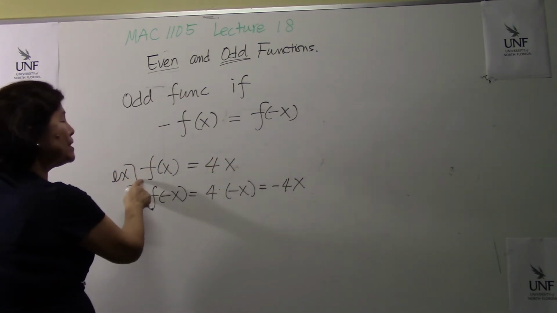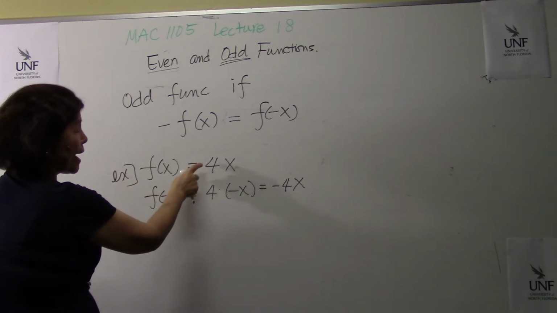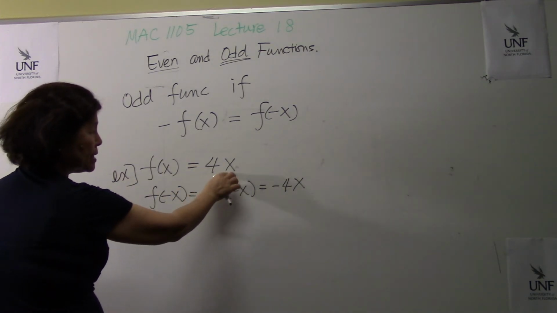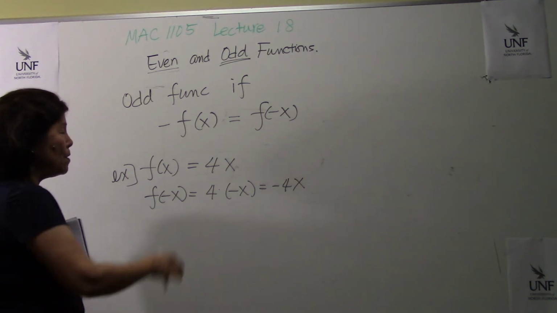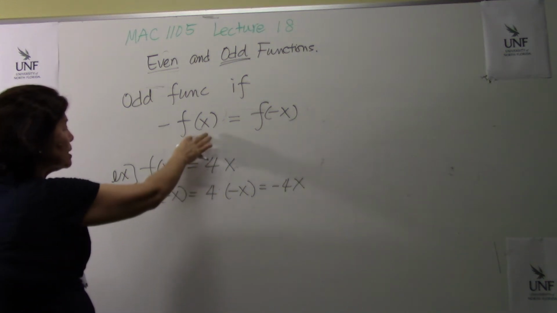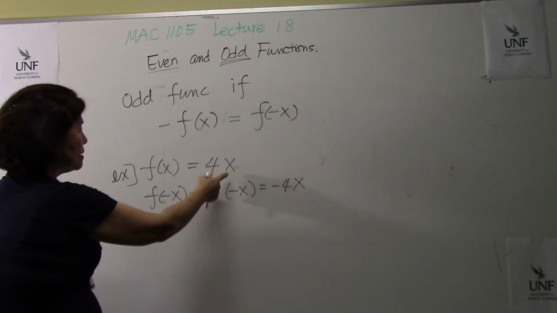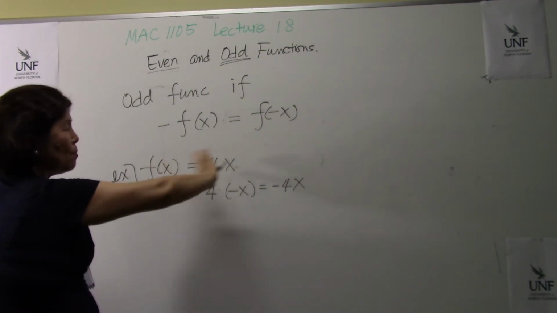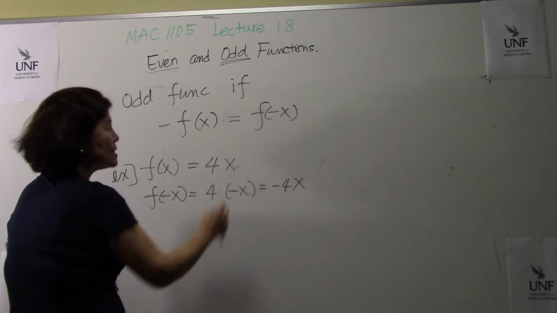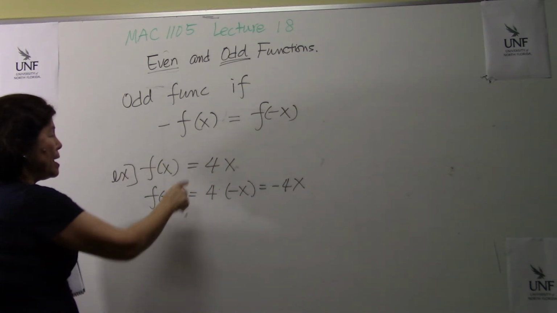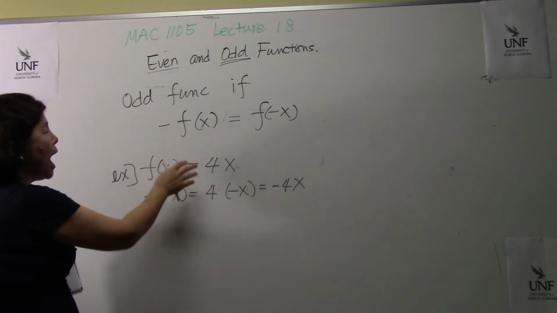However, if you give a negative sign over here, negative 4x, then this and this are equal. Correct? So there is a function like this, just 4x. No plus 1, no minus 1, just 4x. 7x, 12x, doesn't matter. Yes, that is an odd function.